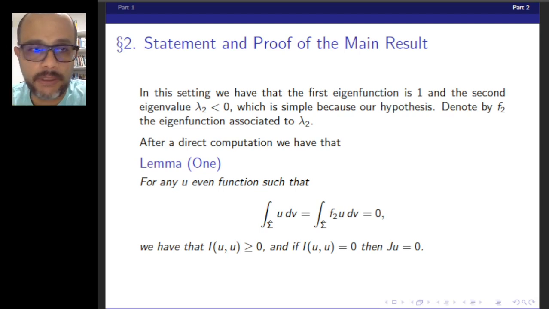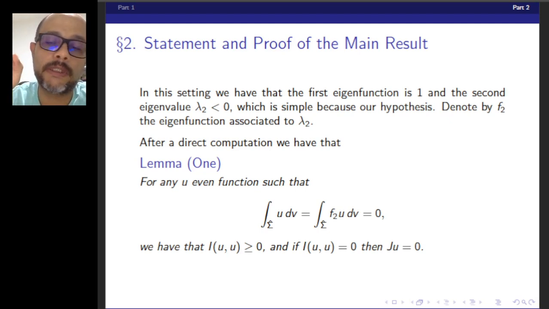So, it's a very simple computation using the definition of index that if you take any even function u which has mean 0 and is perpendicular to f2 in the L2 inner product, then the quadratic form I applied to u is greater than or equal to 0.